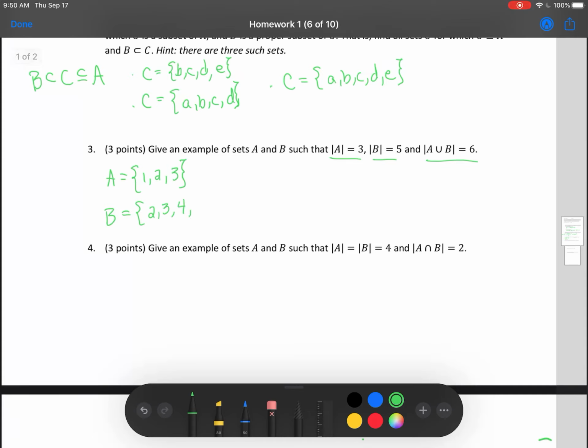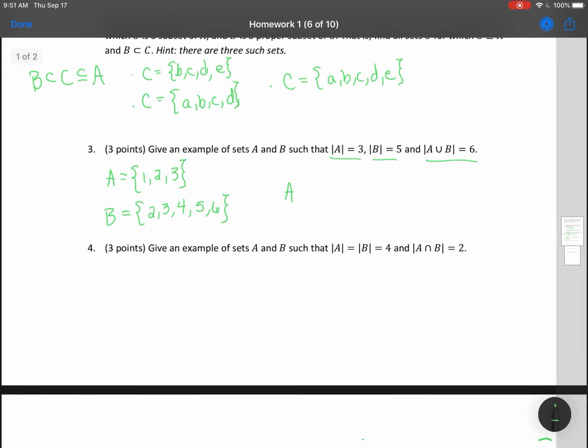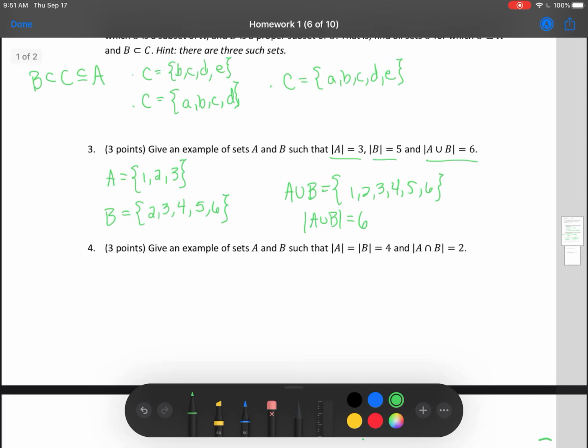If we make set B 2, 3, 4, 5, and 6, then that has cardinality 5 because there are 5 elements there. And then the set A union B would be 1, 2, 3, 4, 5, 6, which has cardinality equal to 6. Of course, that's not the only answer, but that's one answer that does work.